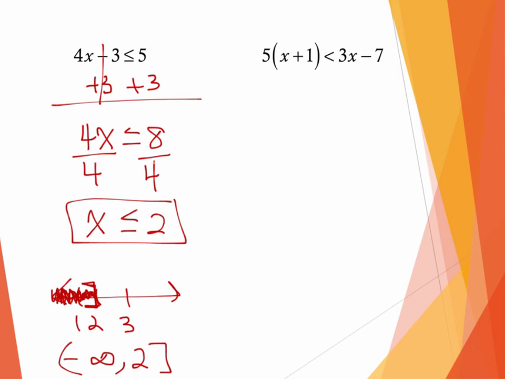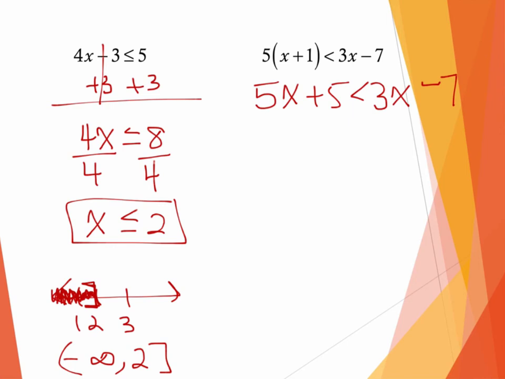In our next example, we have 5 times x plus 1 is less than 3x minus 7. So 5x plus 5 is less than 3x minus 7. It doesn't matter if you move your x values to the left-hand side or the right-hand side.